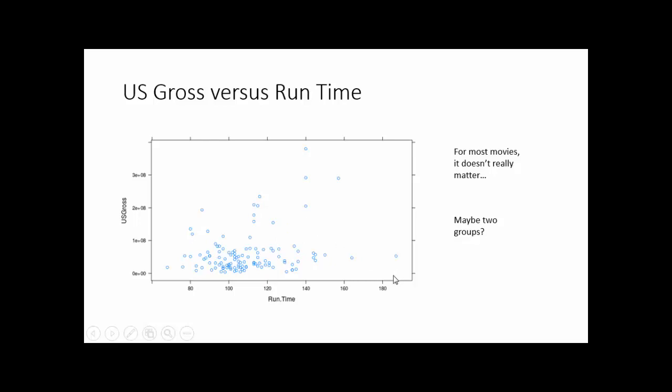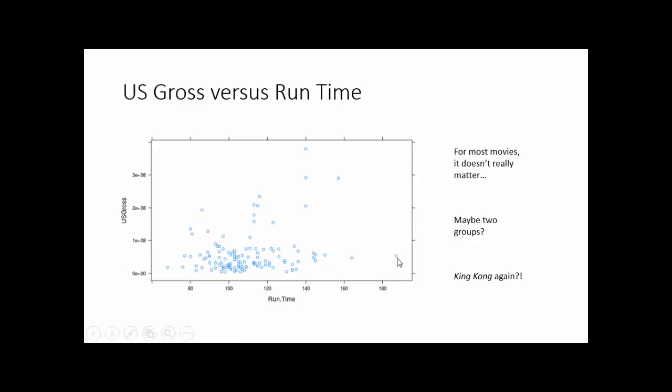A third thing to note is that there is this crazy point way out here, and of course that's King Kong again. What's interesting is its U.S. gross receipts. It looks like a very long movie, but not earning much money. It's right there at about $50 million.